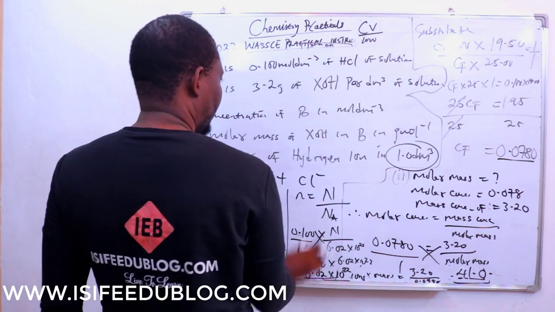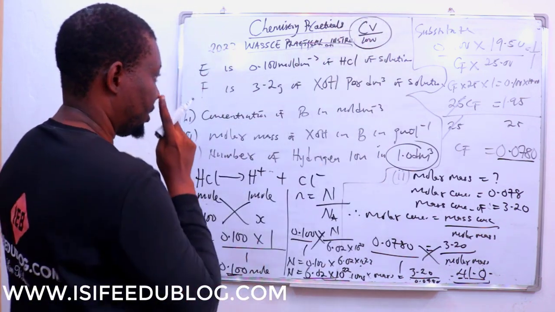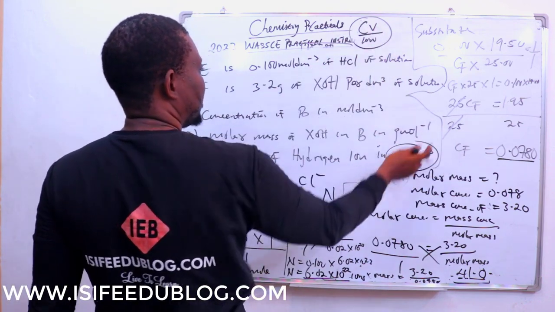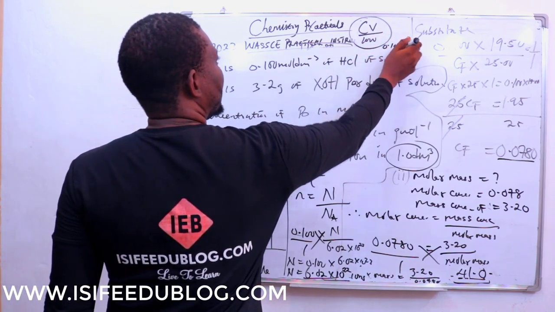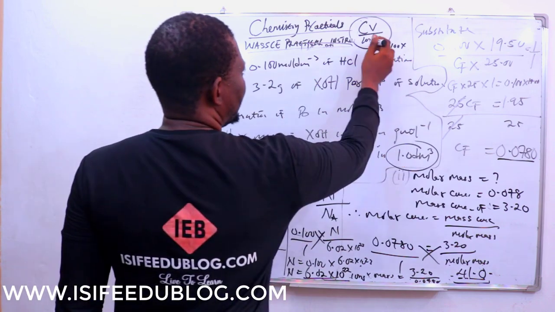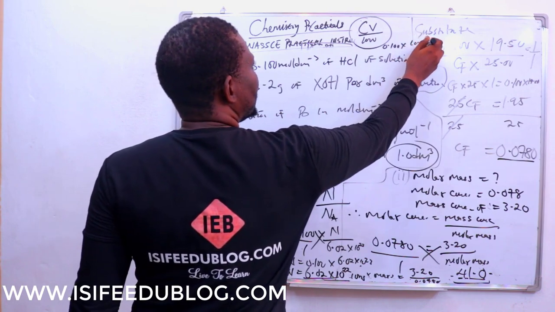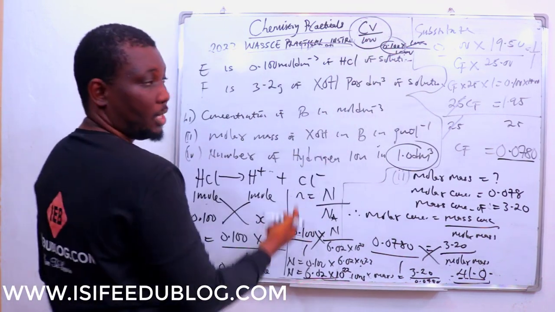So that will be your number in that volume. This is the extra mile you go. But if they give you this in 1 dm³, the concentration is 0.100 times the volume. What is the volume again? 1 dm³, or say 1000 cm³, so convert to 1000 over 1000. So you see, that's also going to be an N.